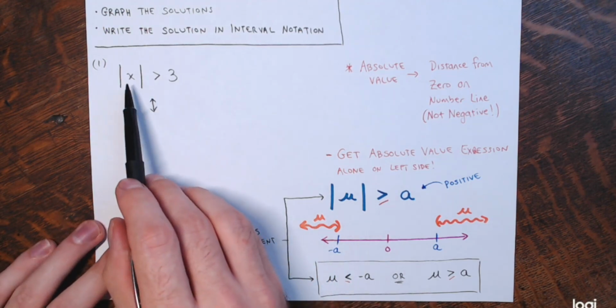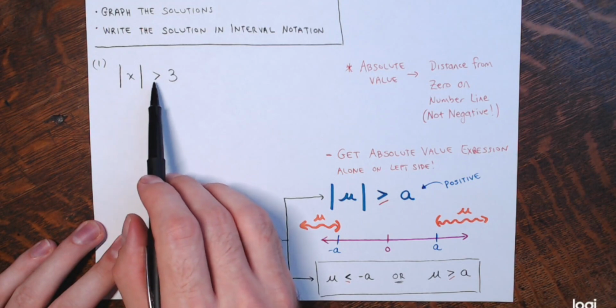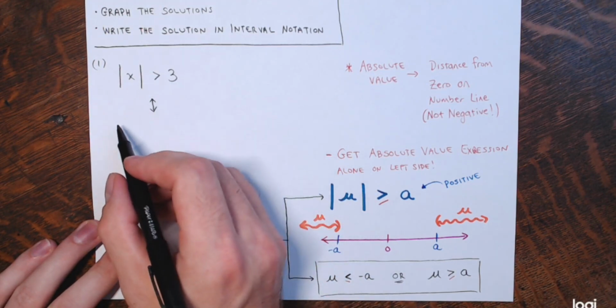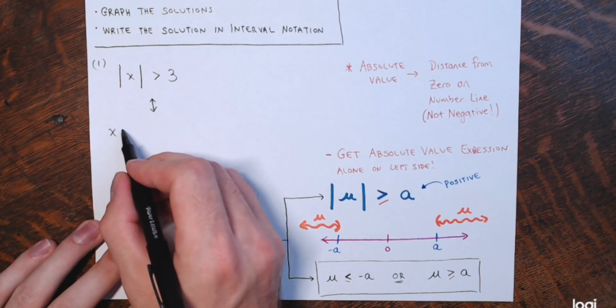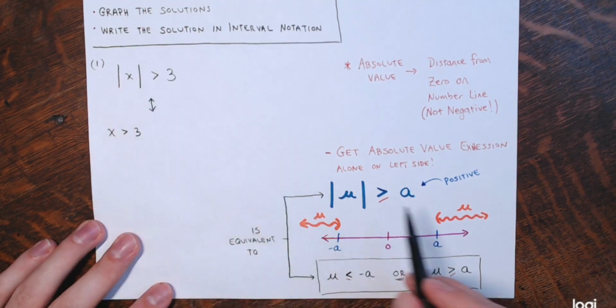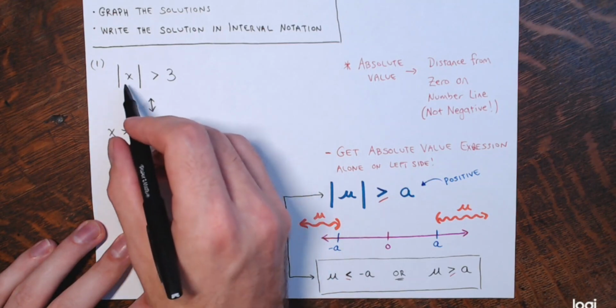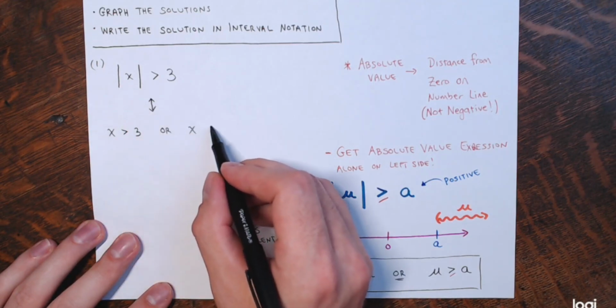All right, so the absolute value of x is greater than 3. This is equivalent to saying that x is to the right of 3, or x is a number less than negative 3.